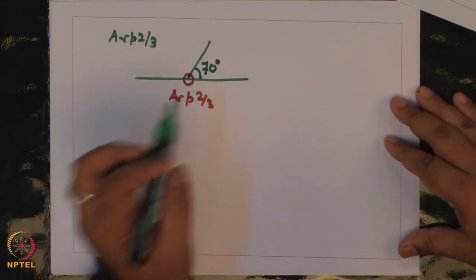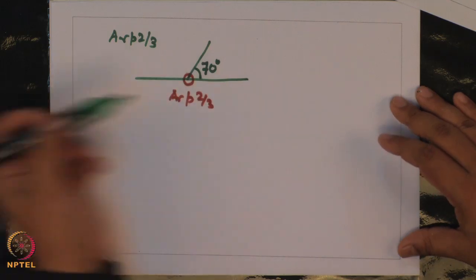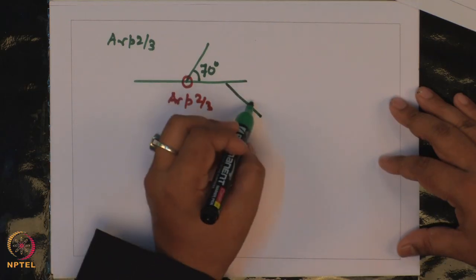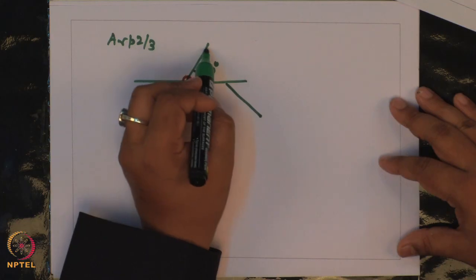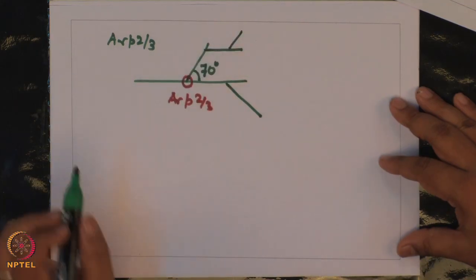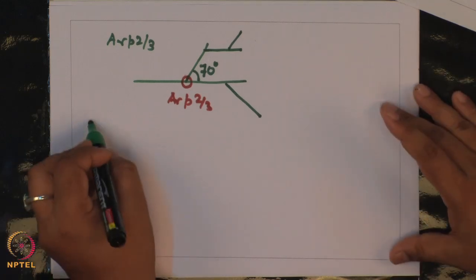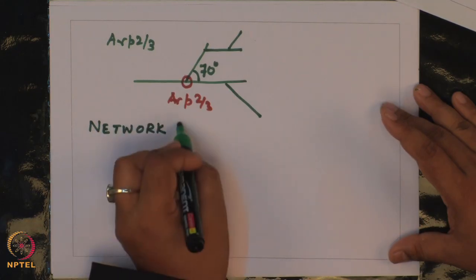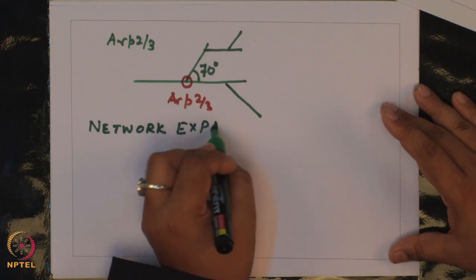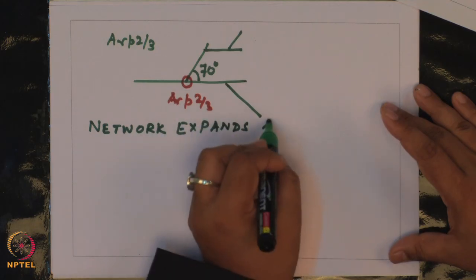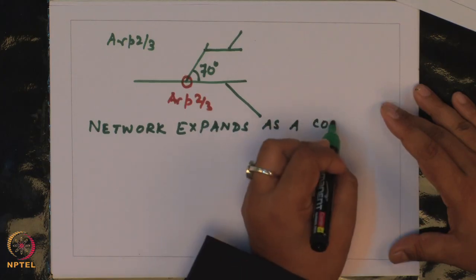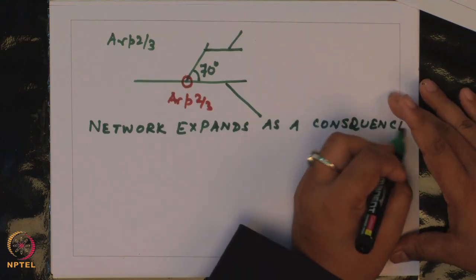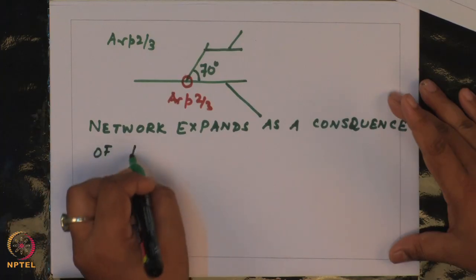As a consequence, from a single filament in the presence of ARP2/3 and G actin, you can form a network like this. So the network expands as a consequence of branching.